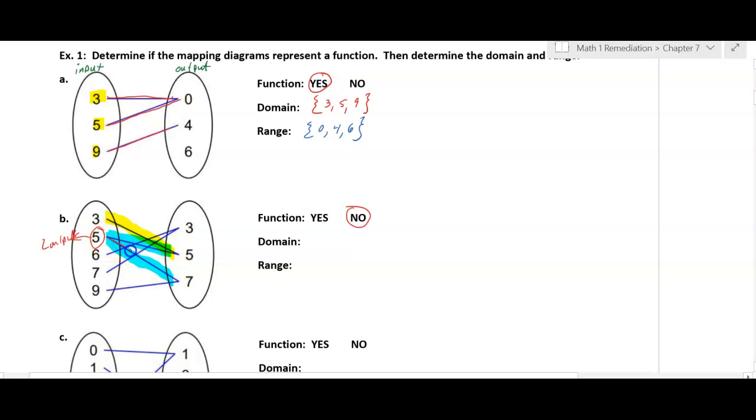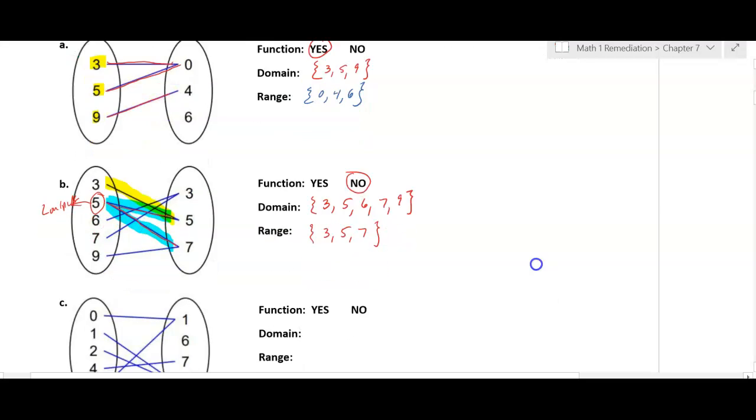Because it goes to 7 and 5, it's a big no-no. We could still identify the domain and range just for practice. The domain is the set of inputs: 3, 5, 6, 7, and 9. The range is the set of outputs: 3, 5, and 7.